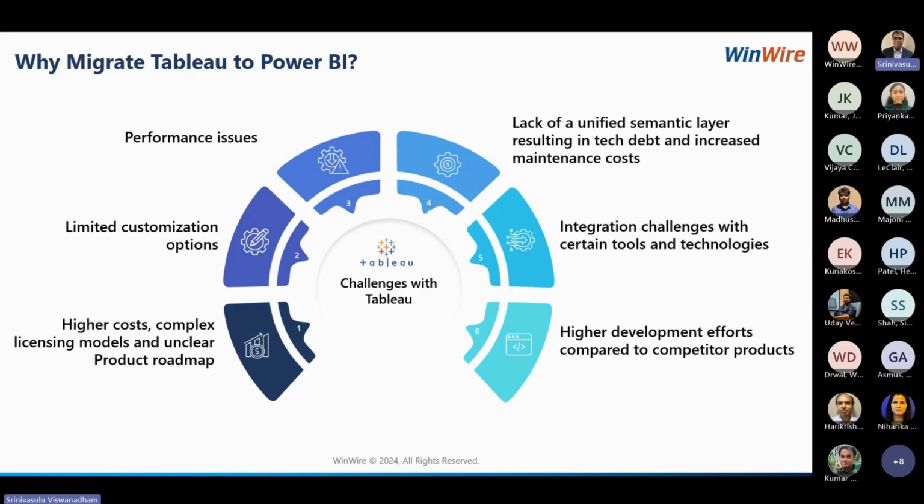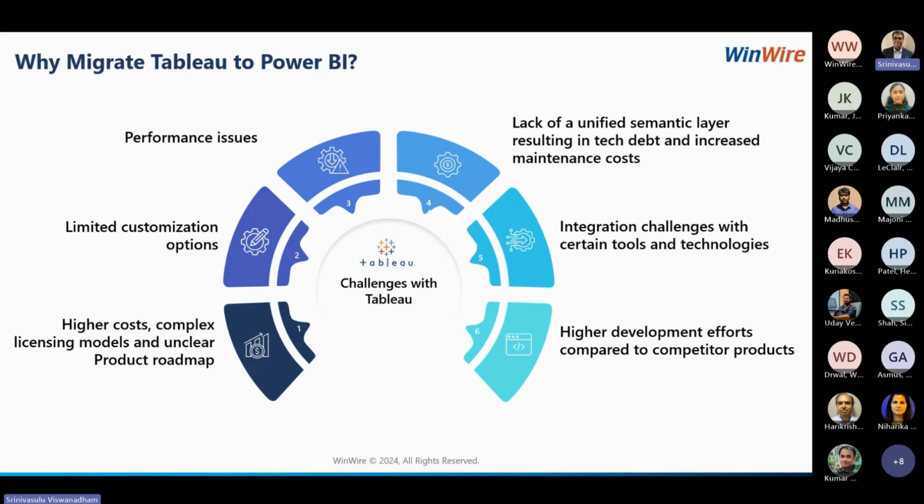The next one is the unified semantic layer, resulting in technical debt and increasing maintenance cost. In simple terms, I call this a kind of data silos, which means different departments interpret the data differently, and it is really hard to analyze across the organization about the same data, right?